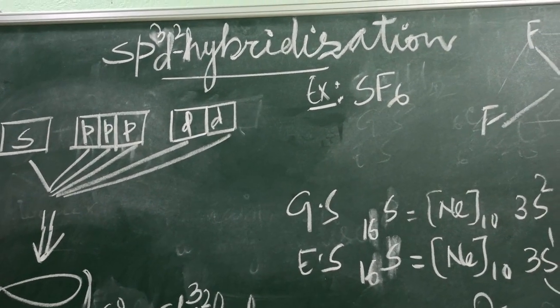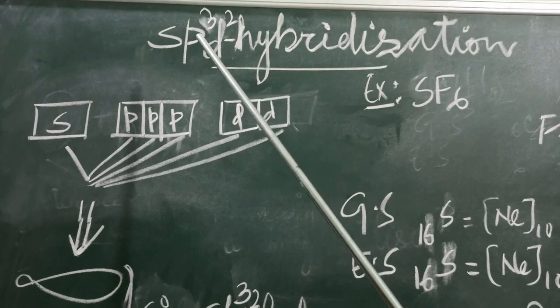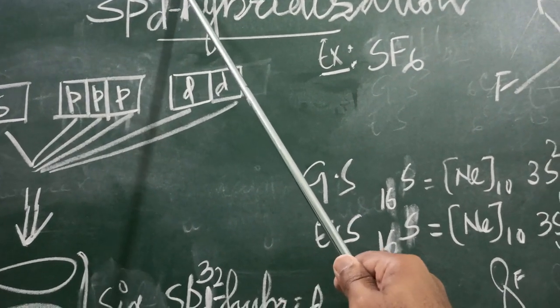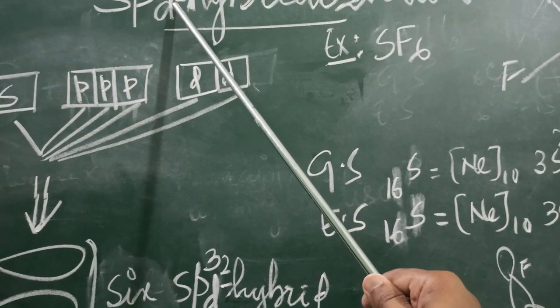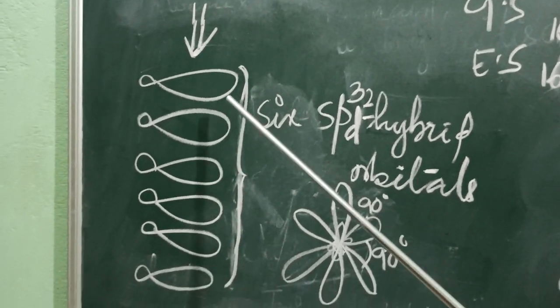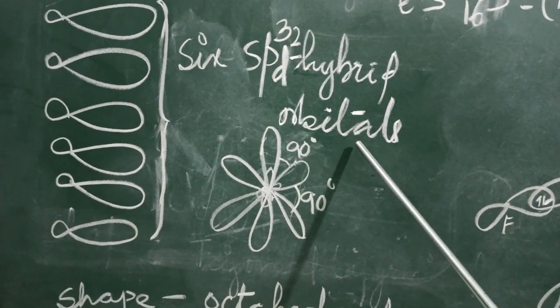In sp3d2 hybridization, 1, 3, 2 means in total 6 orbitals are getting intermixed to give 6 sp3d2 hybrid orbitals.